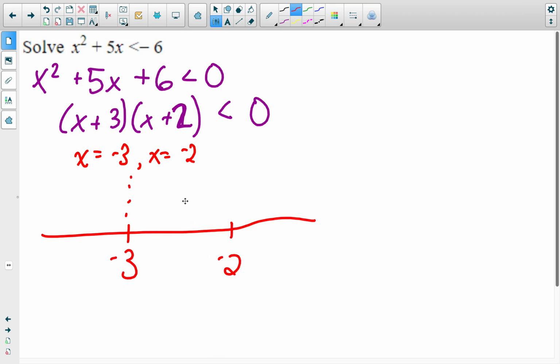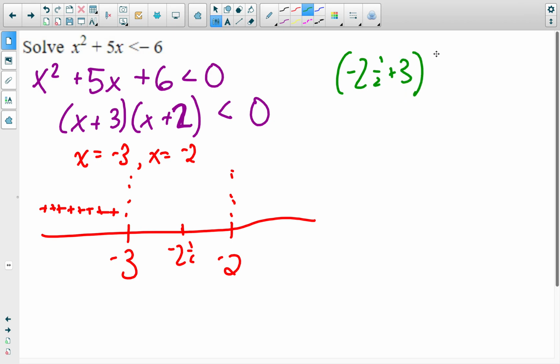Okay, and then now let's plug in some numbers on either side. If I plug in -100, I'm going to end up with a negative times a negative, which would give me positive, right? And then in the middle here, if I plug in a number in the middle like -2.5, I can work this out for us if desired. -2.5 plus 3 times -2.5 plus 2 is less than 0.